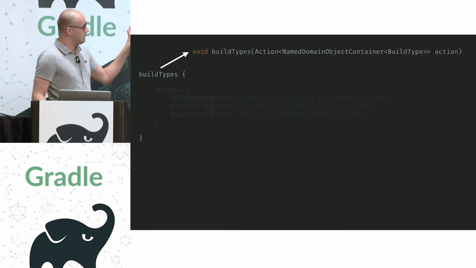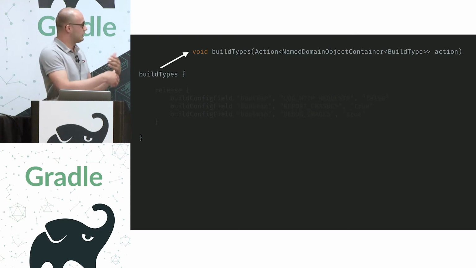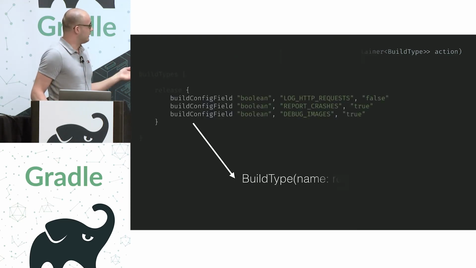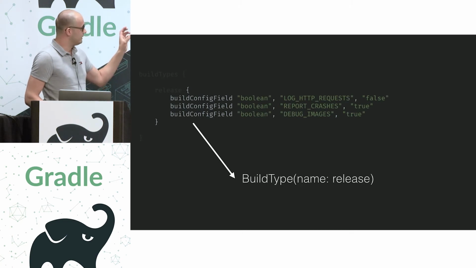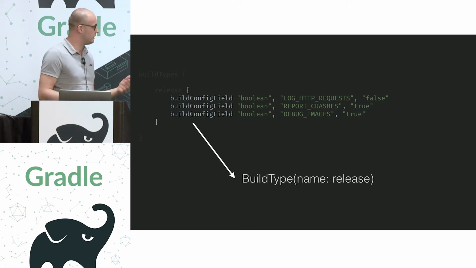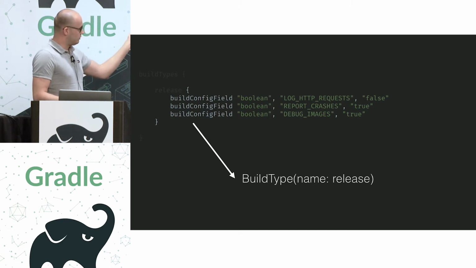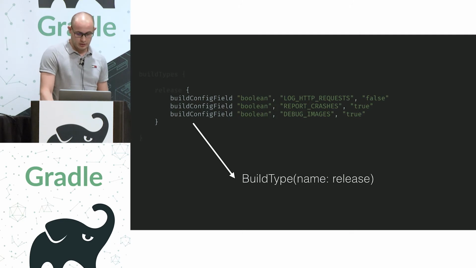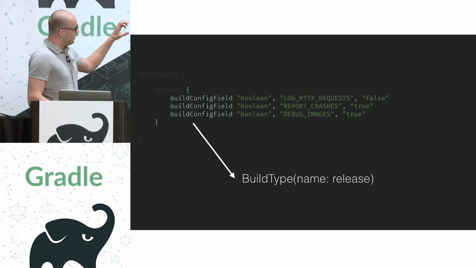So build types is a method on an app extension, which accepts an action executed against a container. We already know that. And this closure is executed against a build type because, again, a named domain object container will add a method called release, which accepts a closure. So we have something that is executed against a build type.